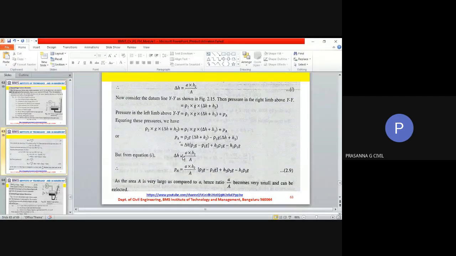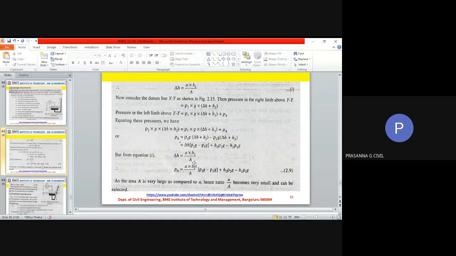Now, in this expression, what is happening? You are having small a divided by capital A here. This capital A is supposed to be 100 times greater than your small a. So that means small a by capital A is a very small figure. So they are saying ignore that. Okay. Ignoring that, what will become?